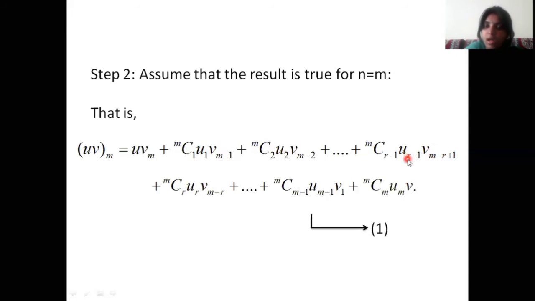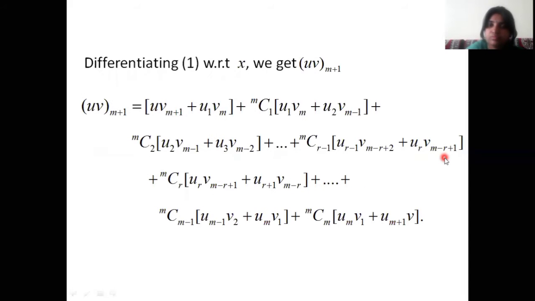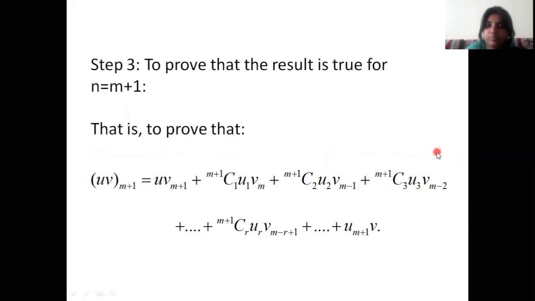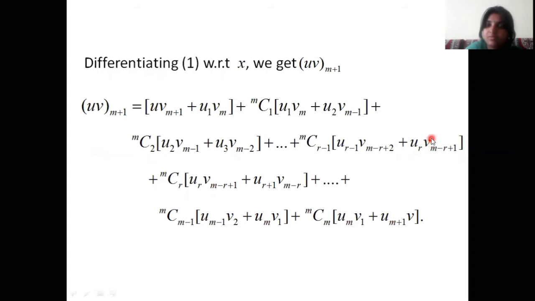So it is u^(r-1) v^(m-r+2). Now keeping this silent and differentiating this, you have u^(r-1+1) v^(m-r+1). So that will be u^r v^(m-r+1).